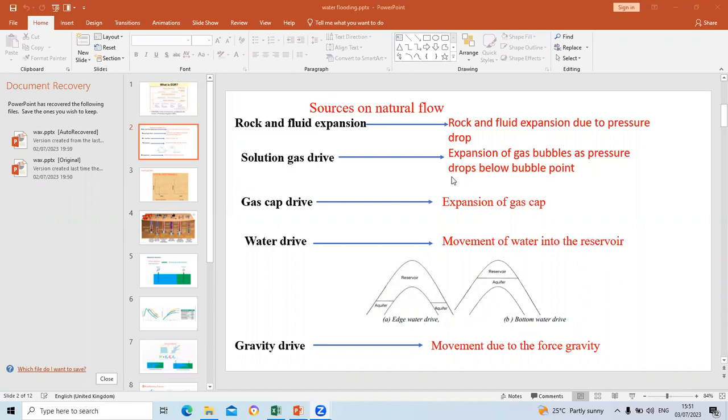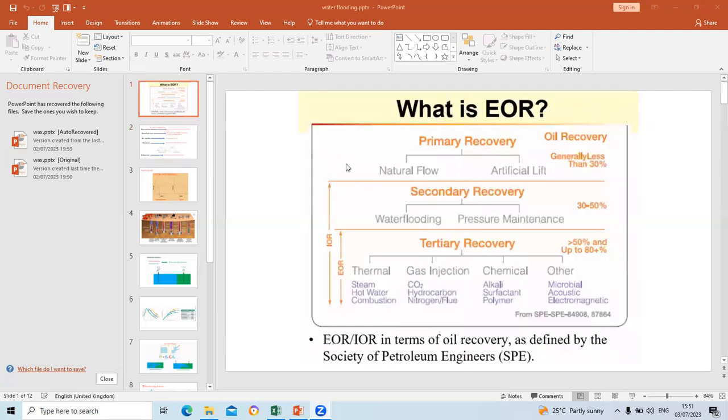But remember, as time goes on, the reservoir gradually loses its source of primary energy. When it gets to a point where these energy sources cannot provide enough energy for the hydrocarbon to move to the well bore, we may now bring in our secondary method.